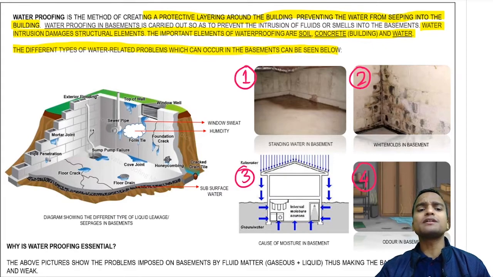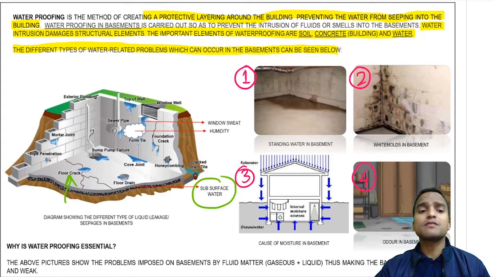Now there are different types of sources of water intrusion, and in this diagram it has listed almost 15 sources. Now what are those? It can be that the floor may be cracked, and if the floor is cracked, the subsurface water which is beneath the soil of the foundation will start coming into the floor.